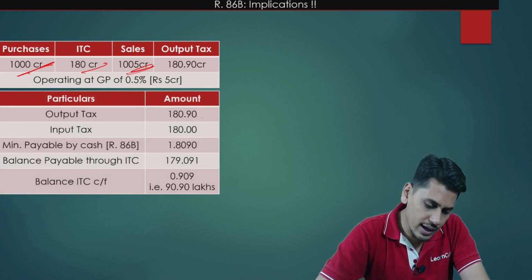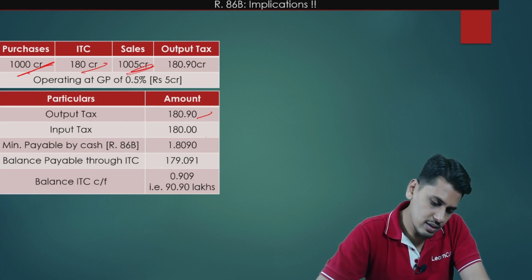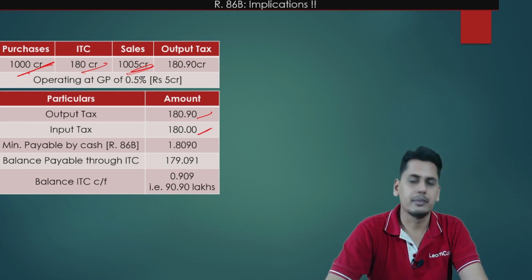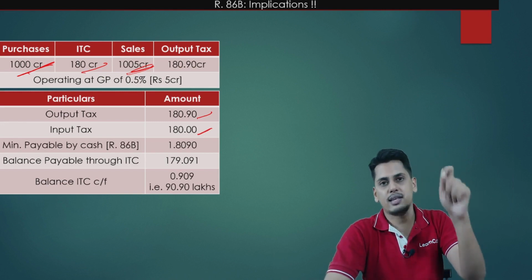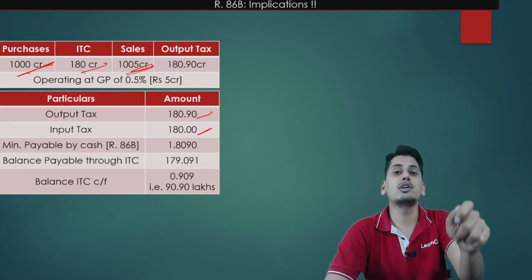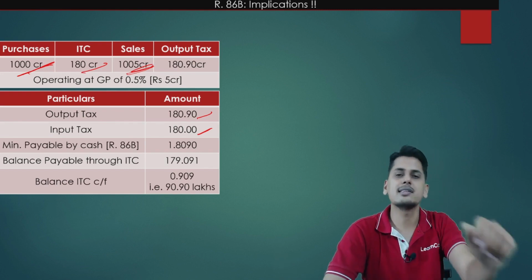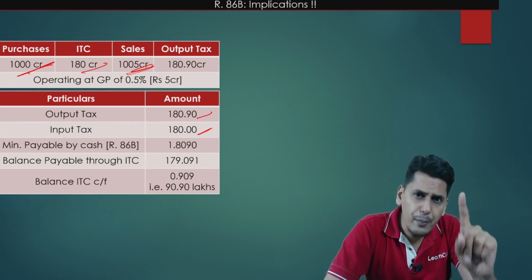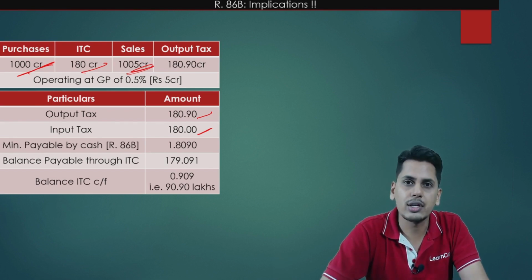Let's have a look at what his compliance will be considering Rule 86B. His output tax is 180.90. His input tax is 180. Now friends, what does 86B say? 86B says that input tax credit can be utilized only to the extent of 99% of the output tax liability, or to rephrase it, at least 1% of the output tax liability needs to be paid through cash.